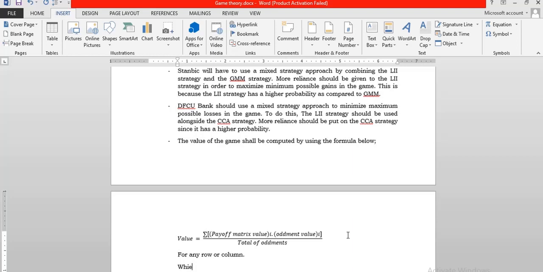Whichever row or column is used, the same outcome is obtained.